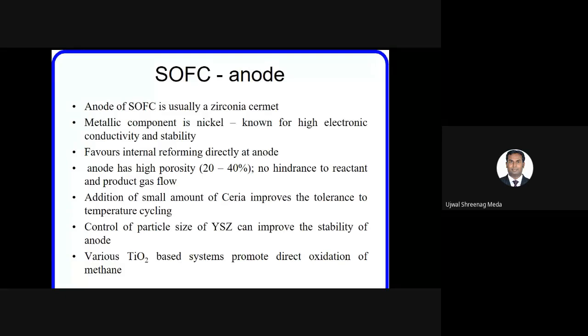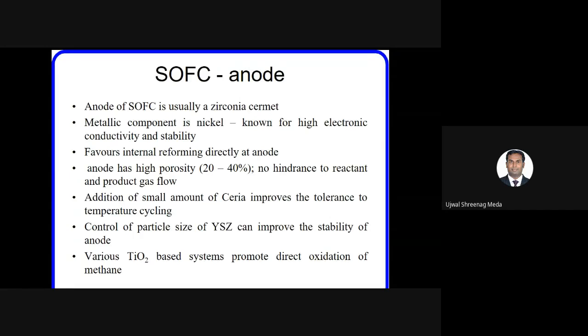Have you ever heard of cermets? Okay, you know composite materials, right? Usually in case of composite materials, there will be a matrix material and a reinforcement.